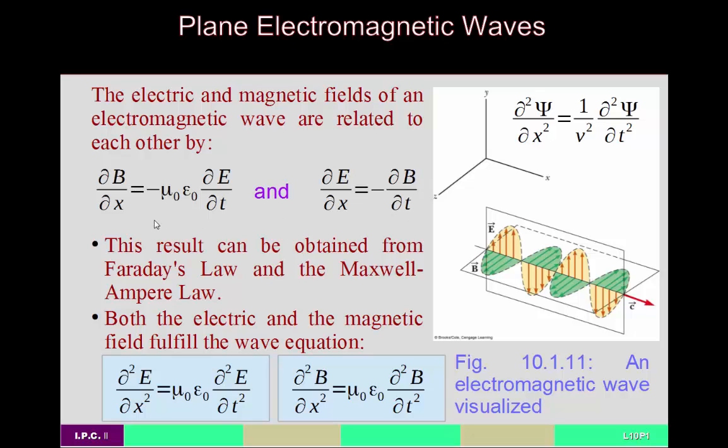And we can obtain these two results from Faraday's law and from the Maxwell-Ampere equation. And this also is the reason why Maxwell's addition to Ampere's law is of such importance in predicting electromagnetic waves.